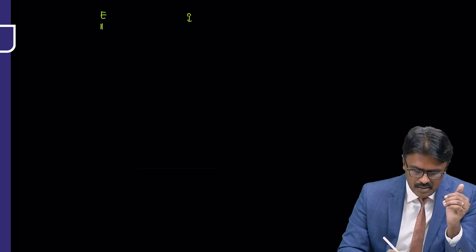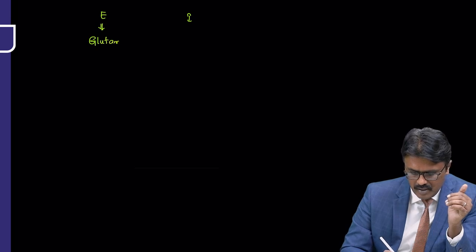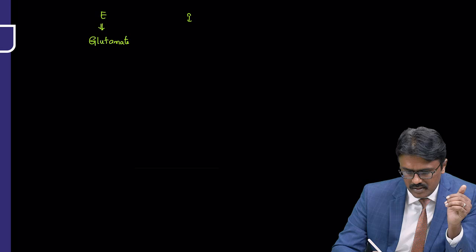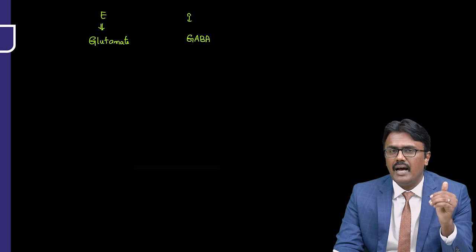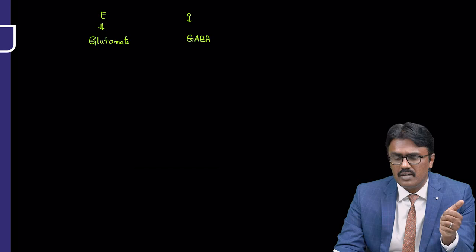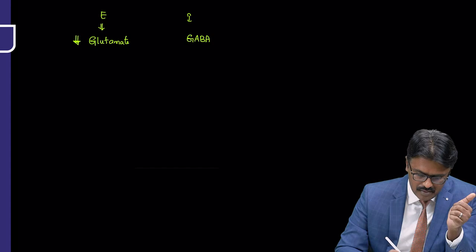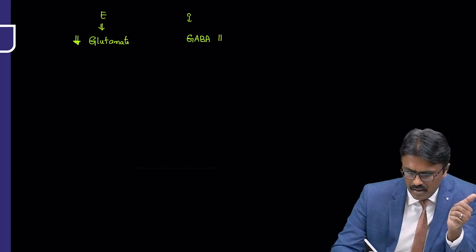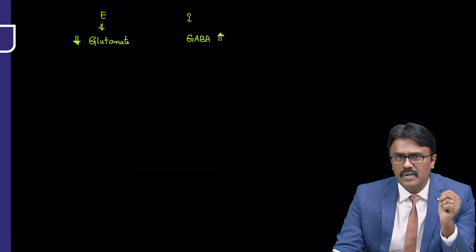The excitatory neurotransmitter is glutamate and the inhibitory neurotransmitter is GABA. So it's a hyperactive CNS condition, and we need to suppress it. How do I do that? Either I should decrease the activity of glutamate or I should increase the activity of GABA.